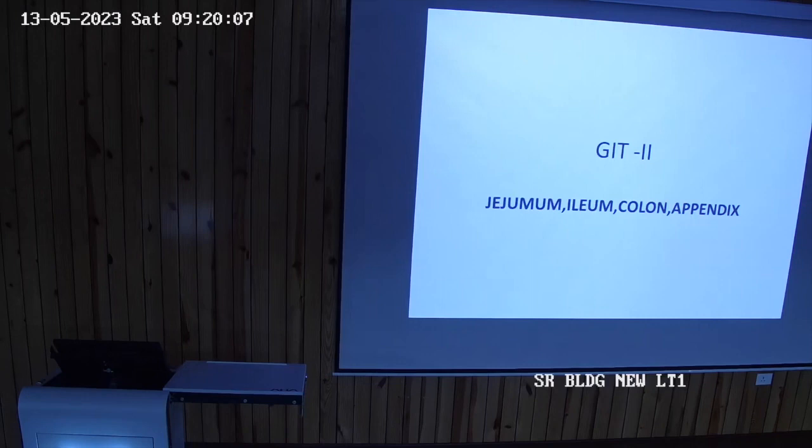When we see the structures, all, but in case of retroperitoneal organs, that means the organs which are lying behind the peritoneum, not covered by the peritoneum, those are called retroperitoneal organs, like the kidney. In these retroperitoneal organs, over the connective tissue, there is no simple squamous epithelium, which is called the serosa.